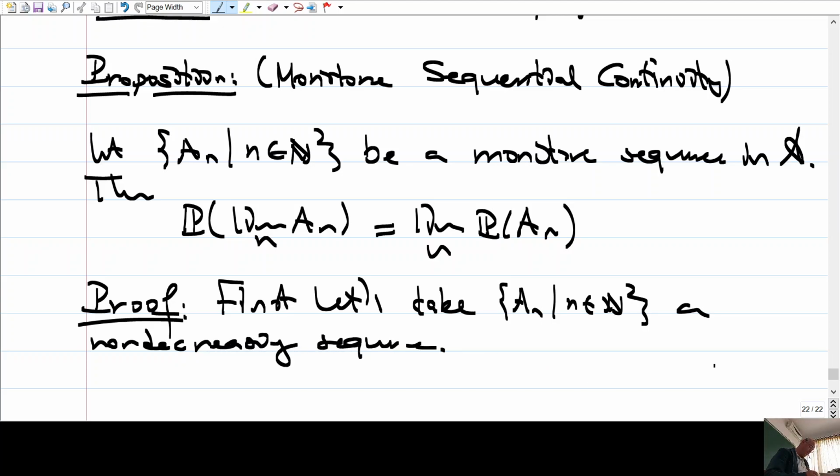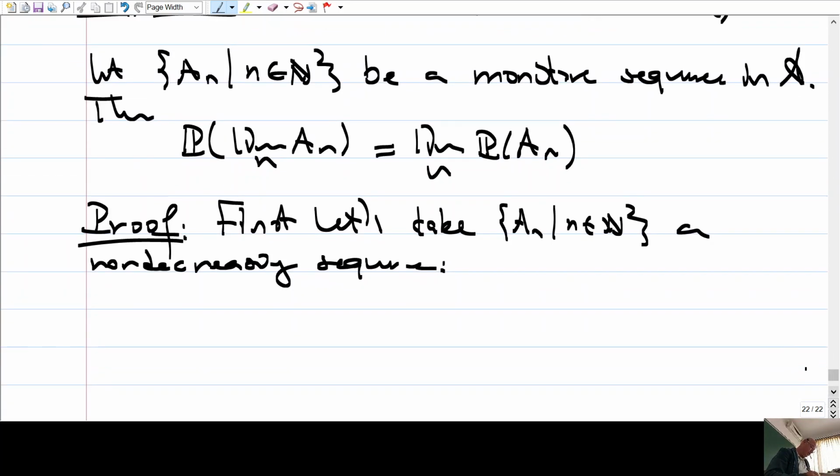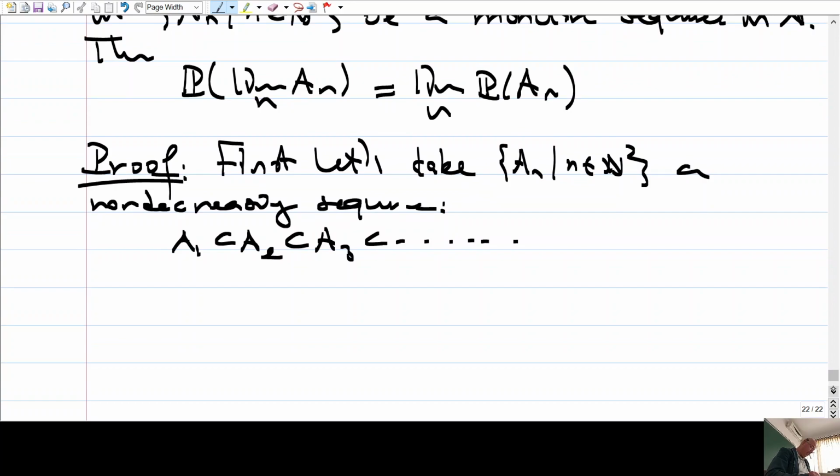So, meaning that A1 is contained in A2, A2 is contained in A3, and so on. Then, of course, what is the limit of this? Limit An, in this case, is defined to be the union of the elements of the sequence.